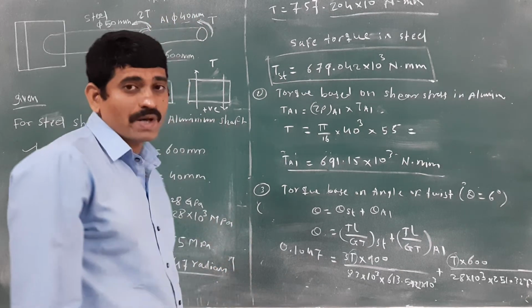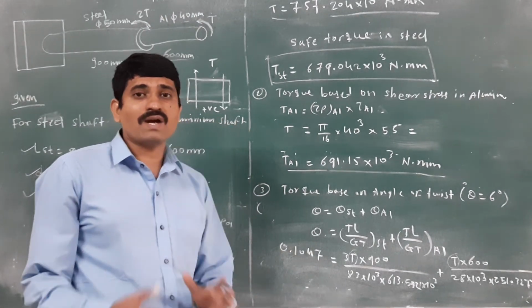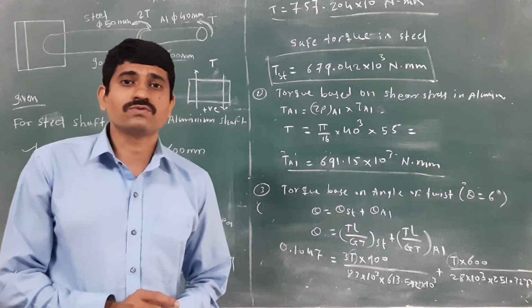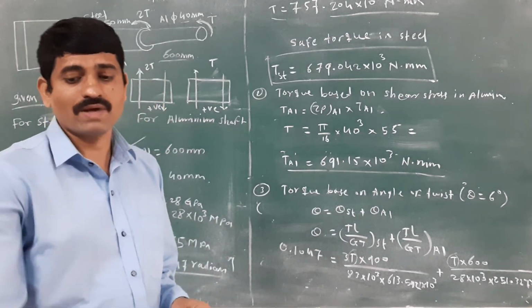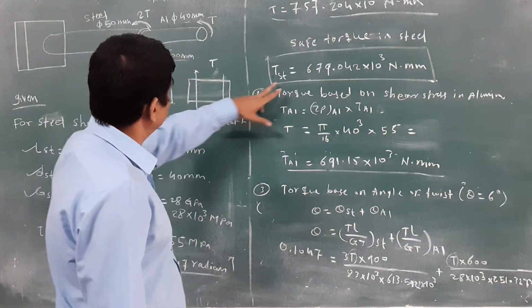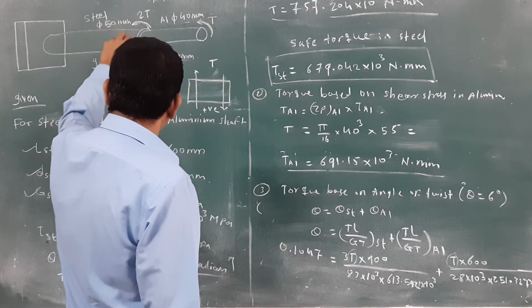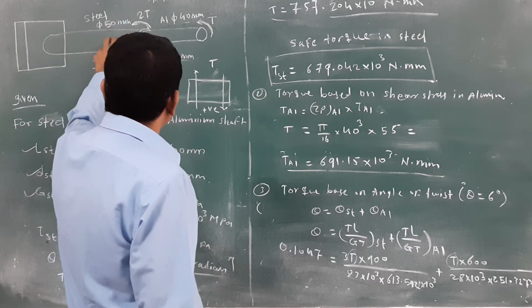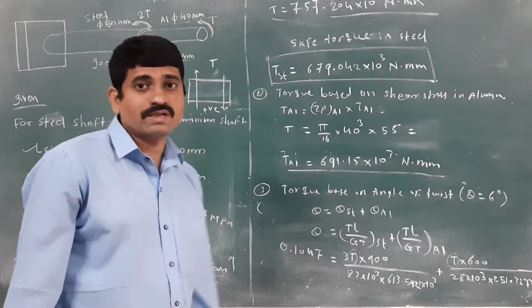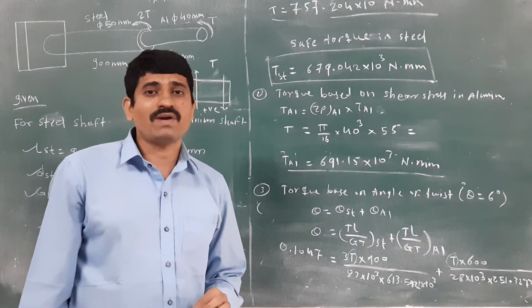This shaft will bend or fail. That's why choose the minimum value, the least value. We want to calculate the safe value. If we apply this minimum value on the aluminium shaft as well as on the steel shaft, this will be safe. This will not bend. That's why you have to choose the minimum value.